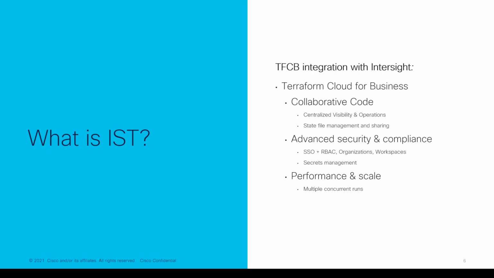So what is Intersight Service for Terraform? It is the tight integration of Terraform Cloud for Business with the Intersight service. Now, we said that we're aiming to solve a number of problems, and Terraform Cloud for Business solves the problems that are listed here. It makes sure that collaboration on code is much easier.